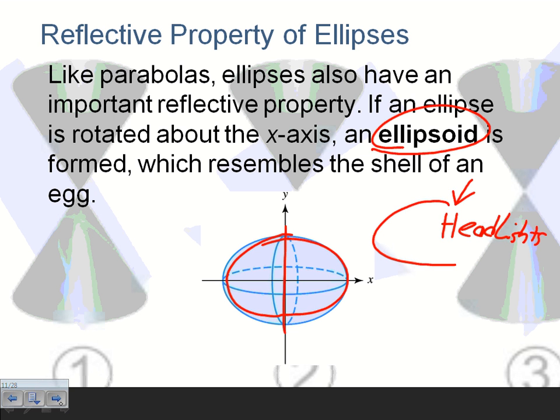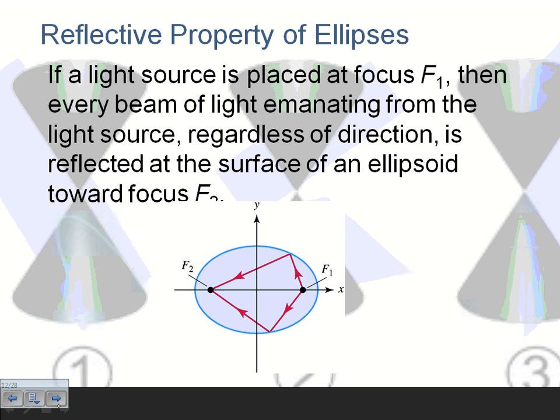They used ellipses. They also used parabolics, and we'll get into that when we talk about parabolas. If a light source is placed in the focus, then every beam of light emanating from the light source, regardless of its direction, is reflected at the surface of an ellipsoid toward the focus F2.